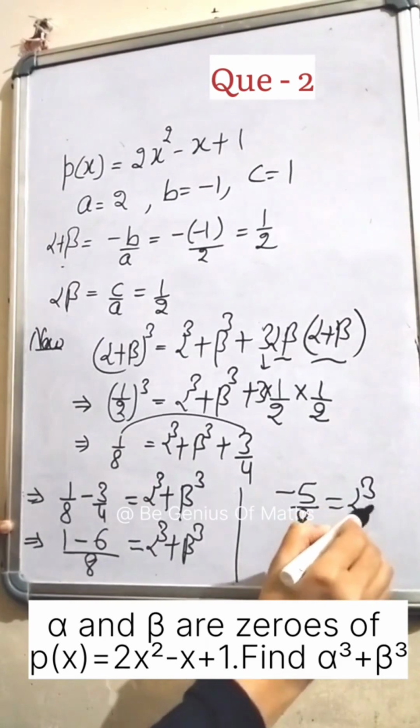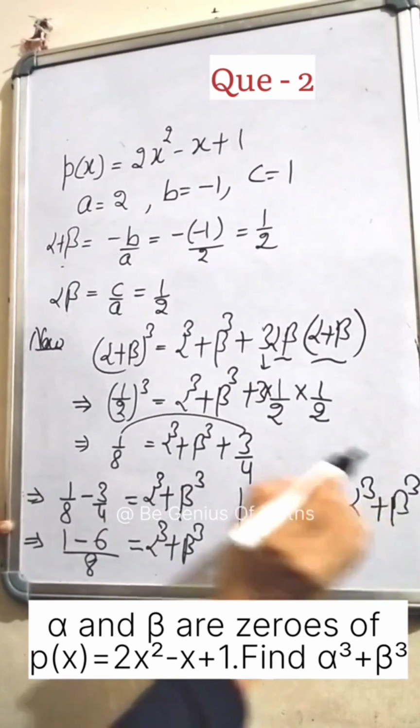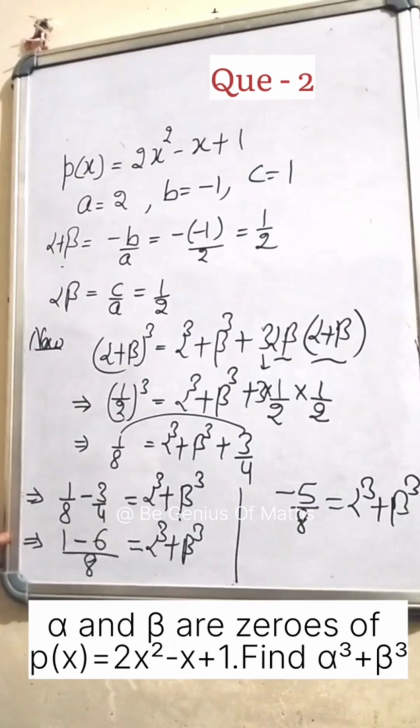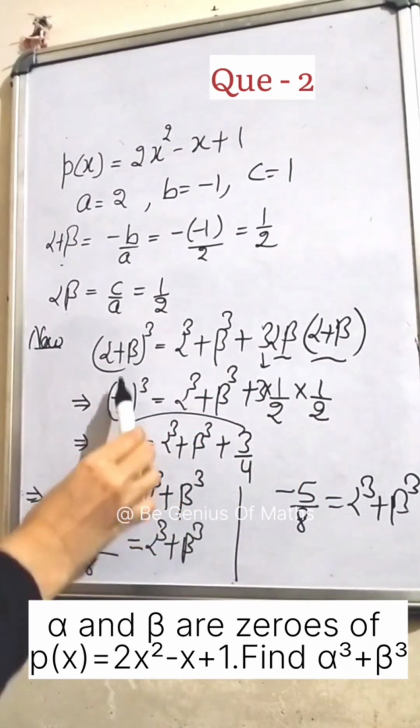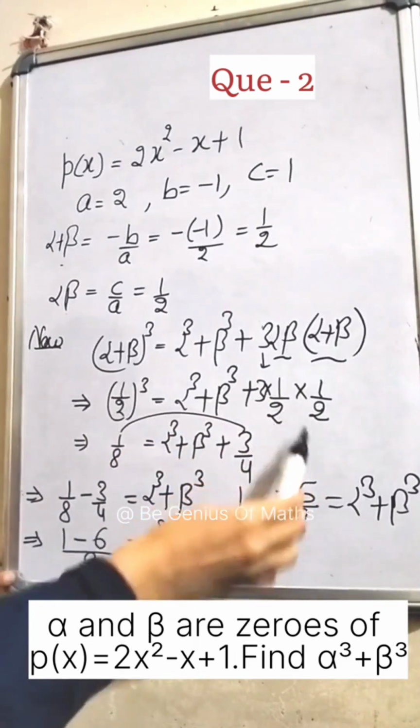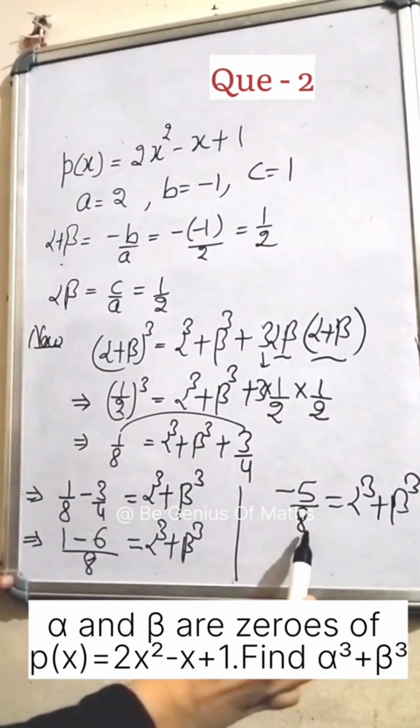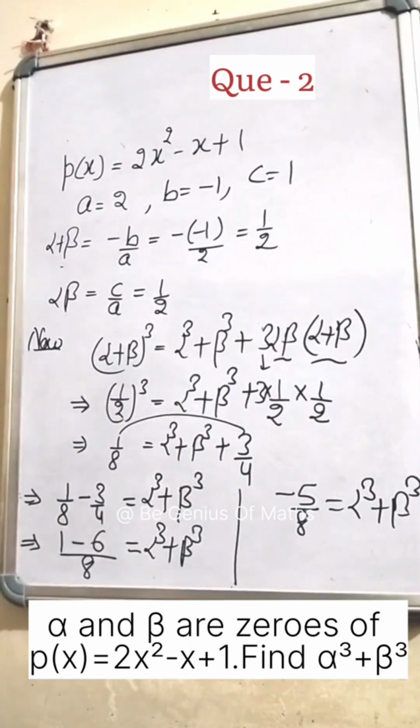Alpha cube plus beta cube is minus 5 by 8. So by using the formula alpha plus beta whole cube and putting the values of alpha plus beta and alpha into beta, we can find alpha cube plus beta cube in the same way.